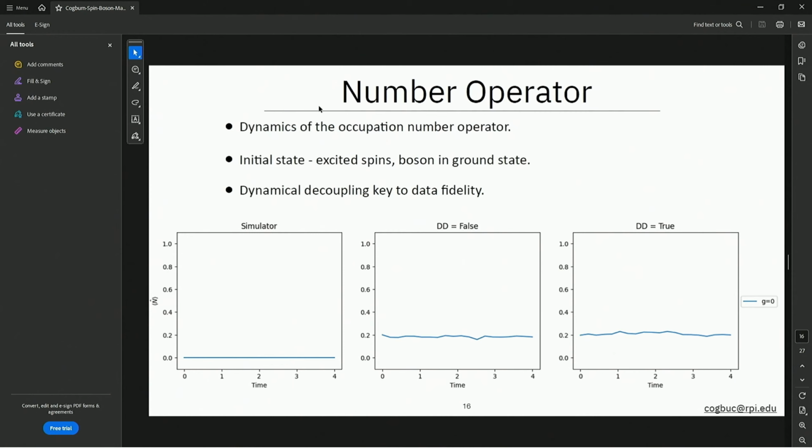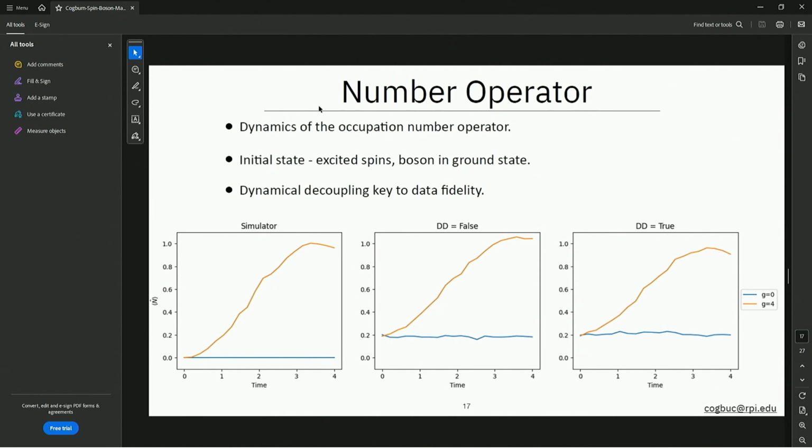For no coupling at all, G equals 0, we're in the ground state for the boson, so we're looking again at the number occupation, and it stays at 0 for the simulated data and also for the QPU data. Now, as we turn on the coupling, G equal to 4, we start to see some dynamics, as you can think of the energy of the system sloshing between the spins and the boson.